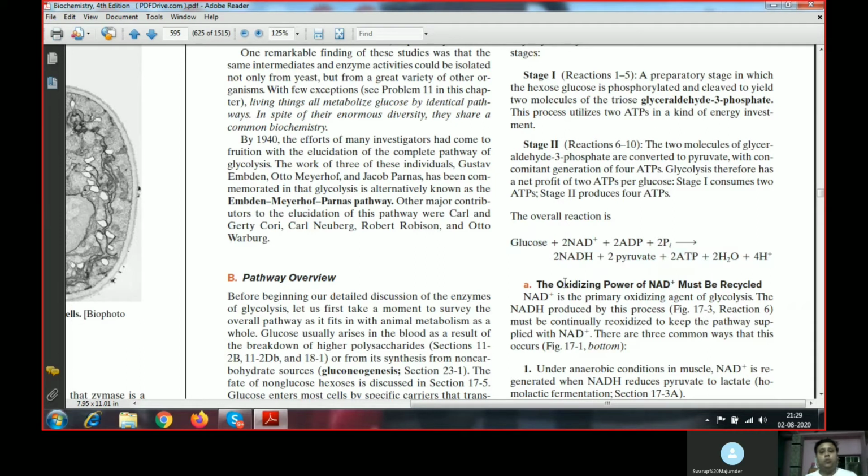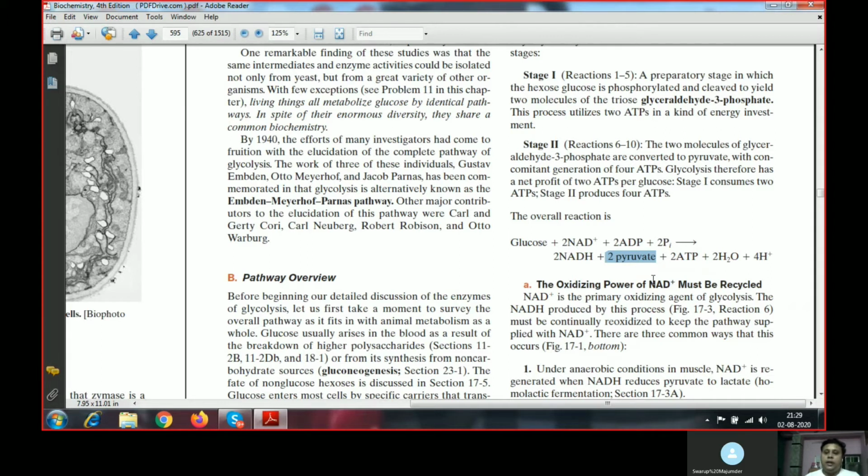That means in those skeletal muscle cells you actually don't have any NAD plus present. So that is the reason why the glycolytic product pyruvate is immediately converted to lactate, so that we can convert NADH back to NAD plus for the continuation of glycolysis.